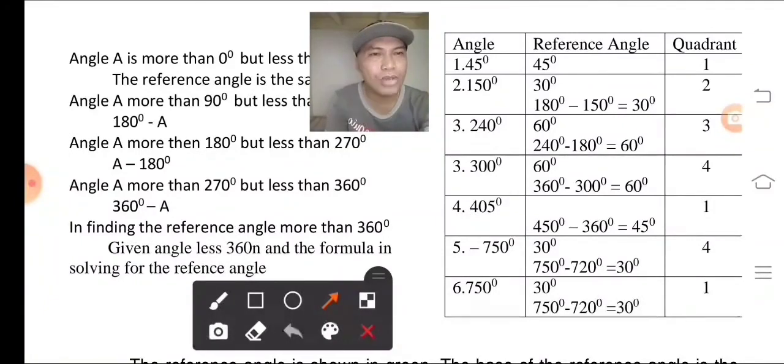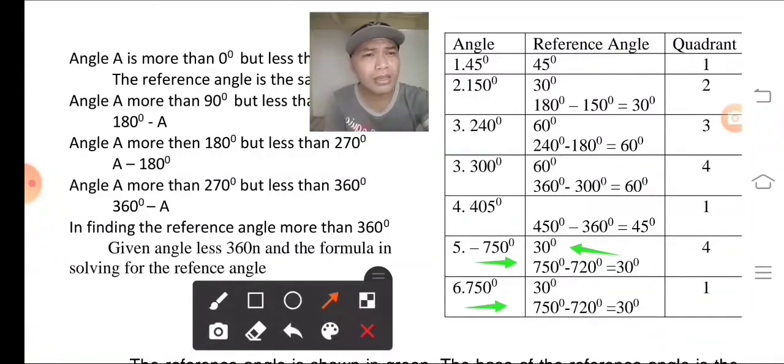So for example, if we have negative 750 degrees, that is more than the second rotation. 750 degrees minus 720 degrees, that is the second rotation, is equal to 30 degrees. So a 30-degree angle is our reference angle.